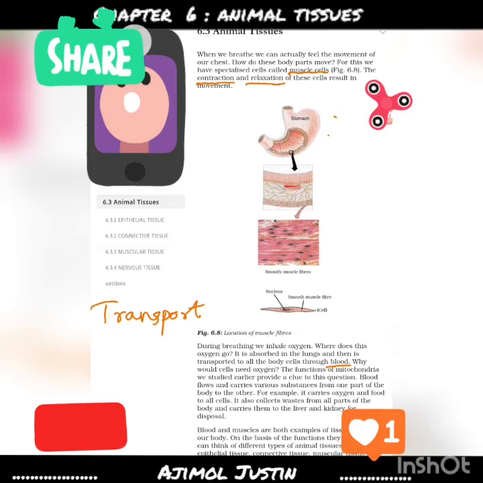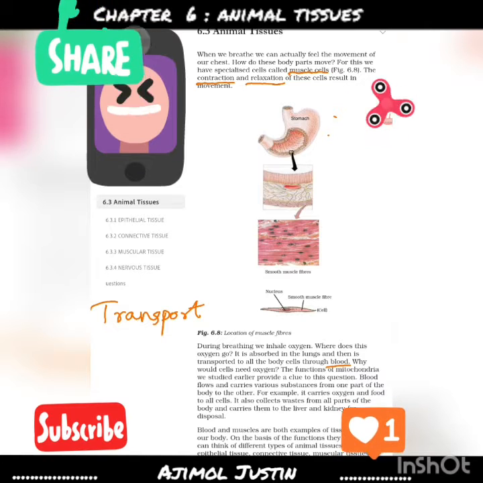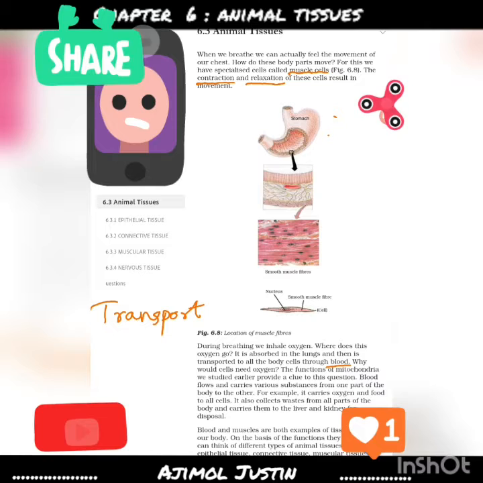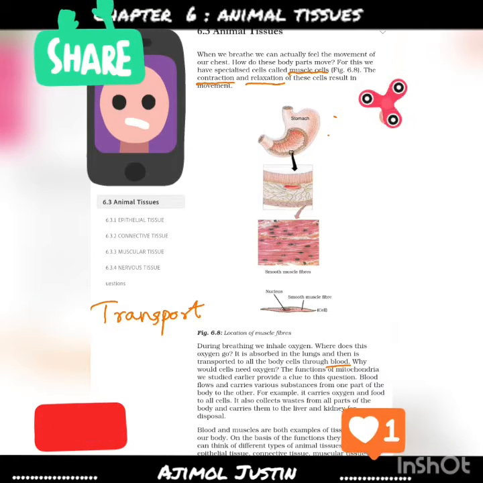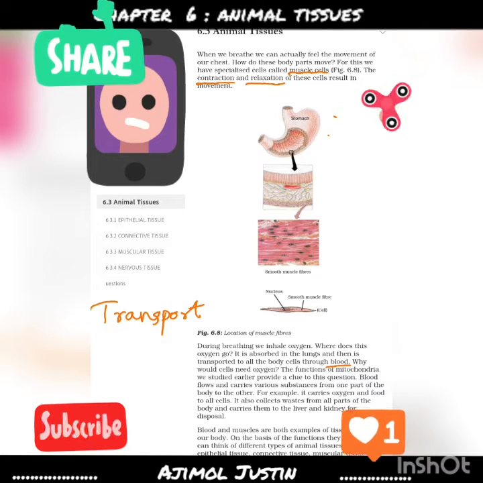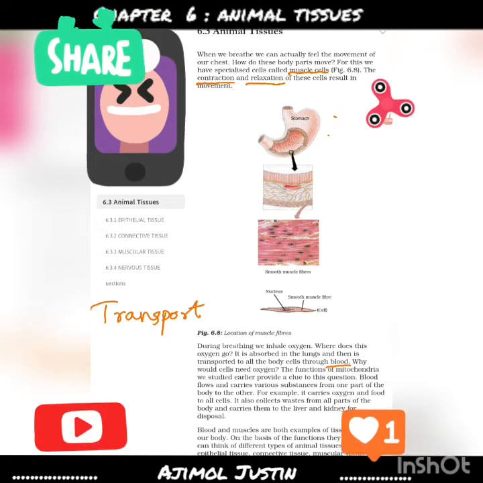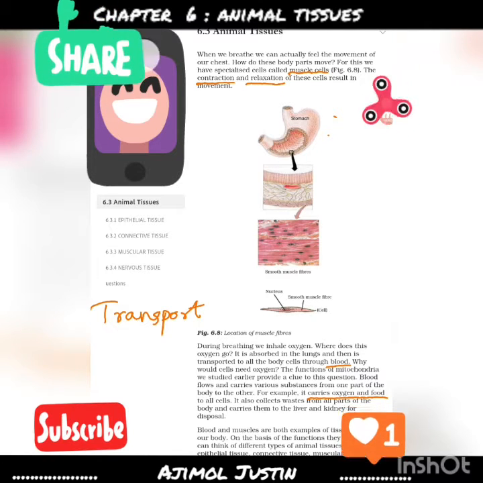So blood, how will it transport? Blood flows and carries various substances from one part to another. Now for example, let us consider oxygen. Blood carries oxygen and food to all cells. Okay, that is one function of blood, carries oxygen and food.